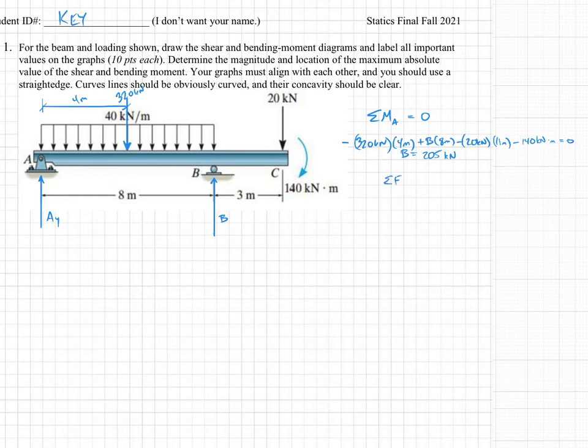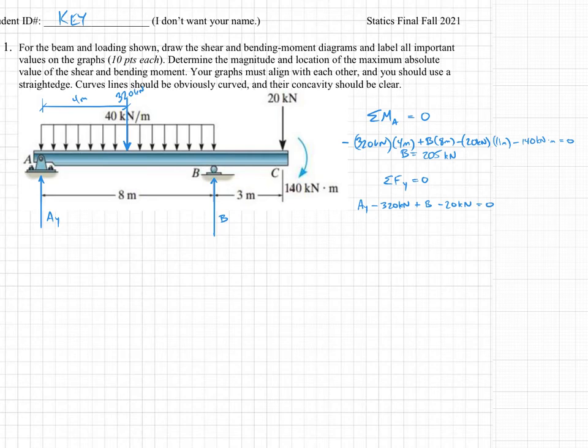Then we'll do the sum of the forces in the vertical. Sum of the forces in the Y equals 0. I've got AY going up, I've got that 320 coming down, I've got B going up, and I've got 20 going down.